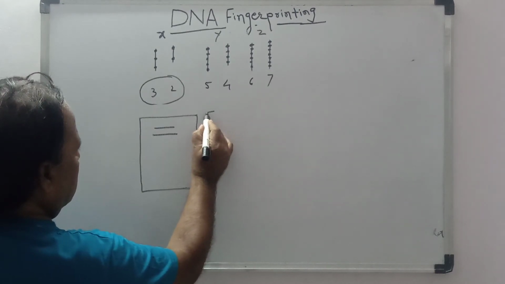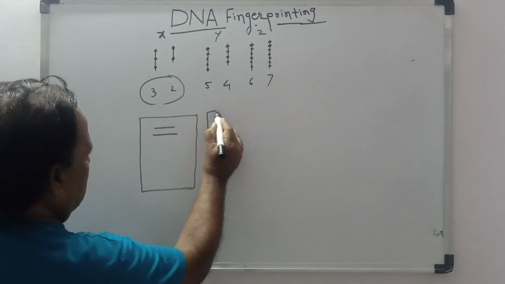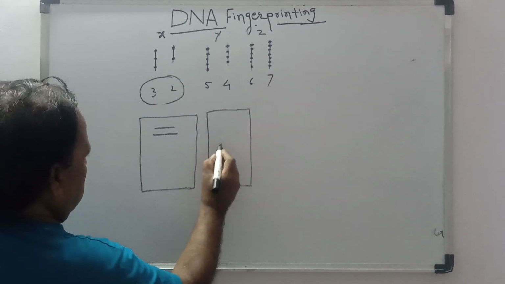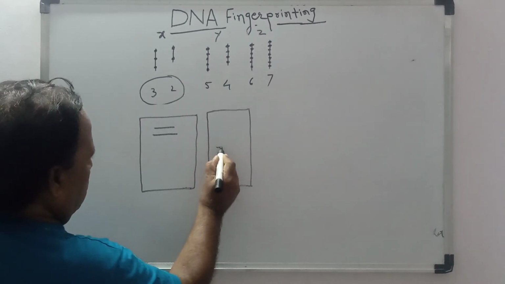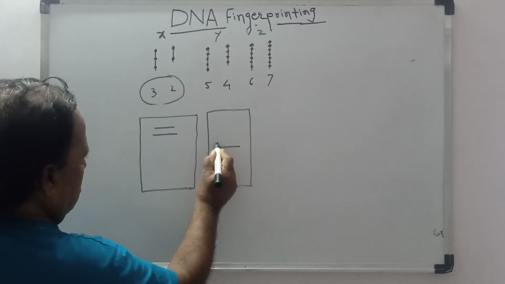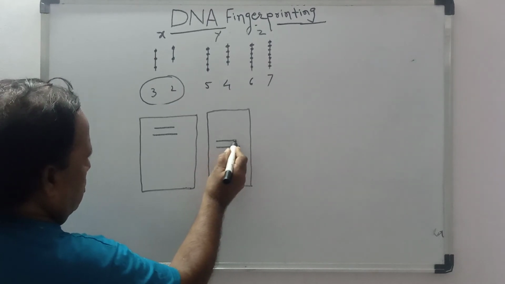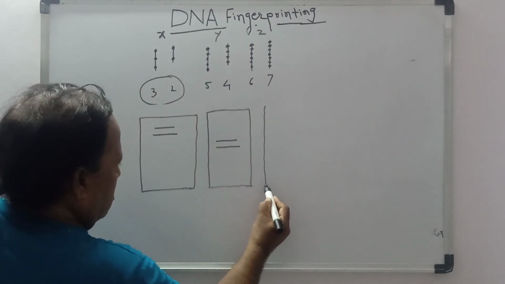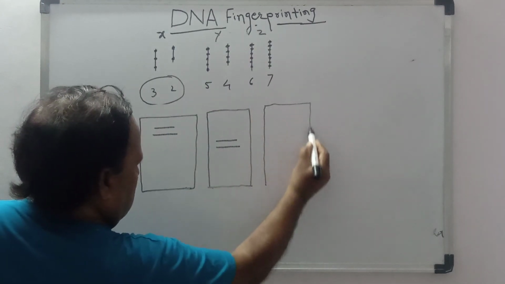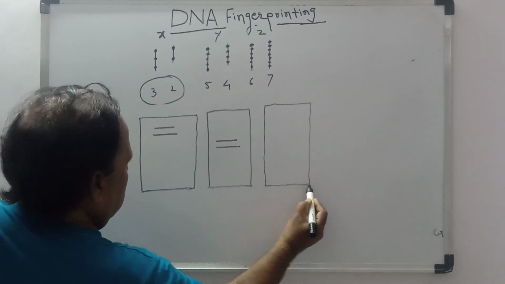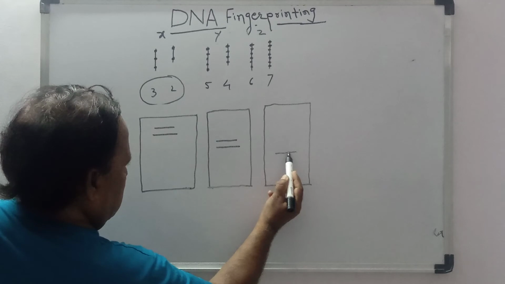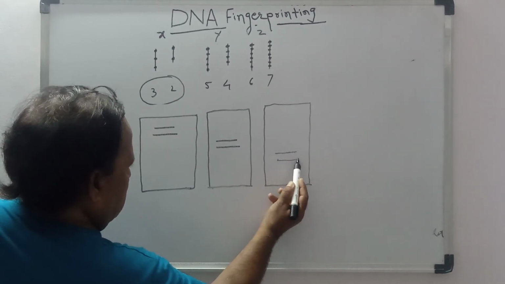In case of Y, it is 5 and 4, and in case of Z, it is 6 and 7.